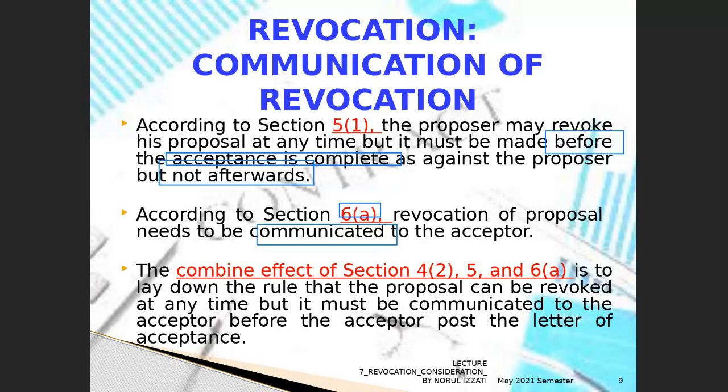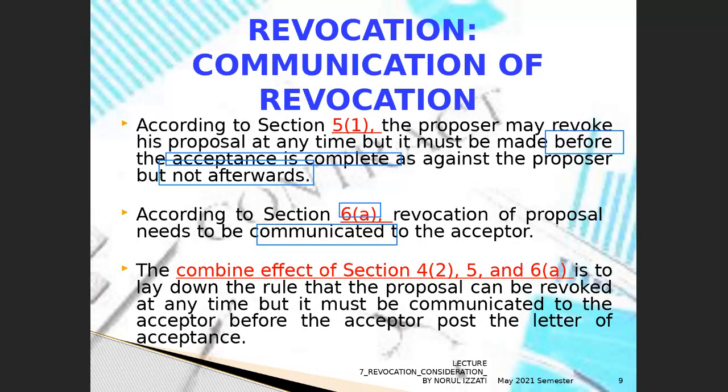The combined effect of section 4.2, section 5, and section 8 is to lay down the rule that the proposal can be revoked at any time, but it must be properly communicated. The word communicated means it must come to the knowledge of the person to whom the proposal is being made. That means it must come to the knowledge of the offerer or proposer.